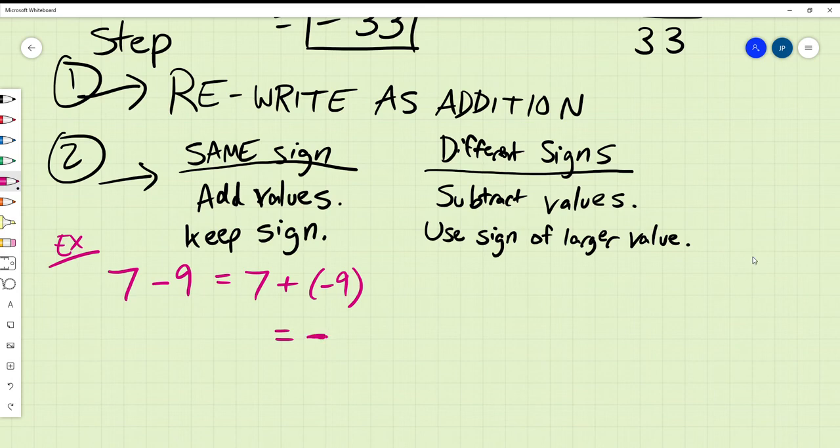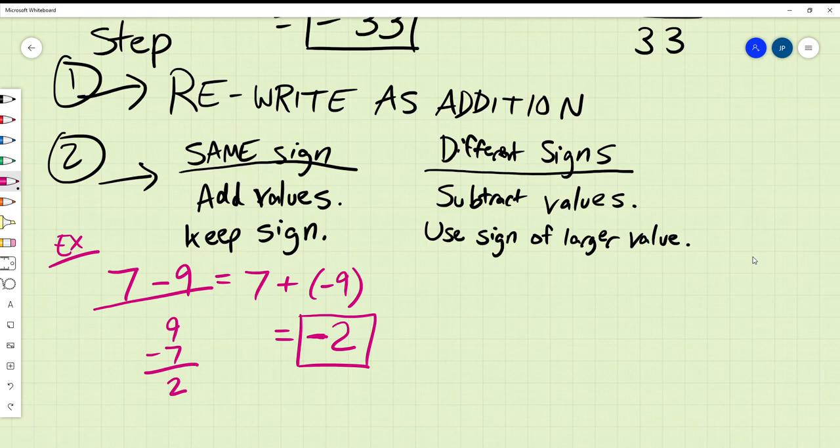It's going to be 9 minus 7, which is 2. Because the 9 is a larger value and it's negative, our final answer is going to be negative. So again, 7 minus 9 ended up being negative 2.